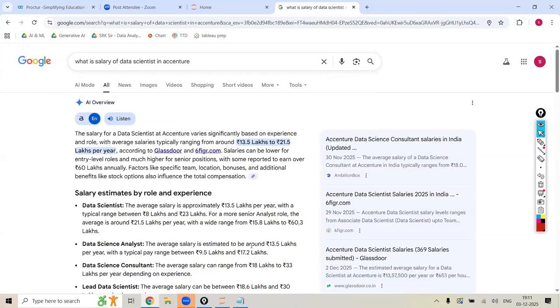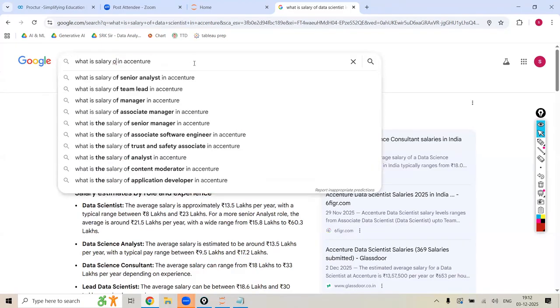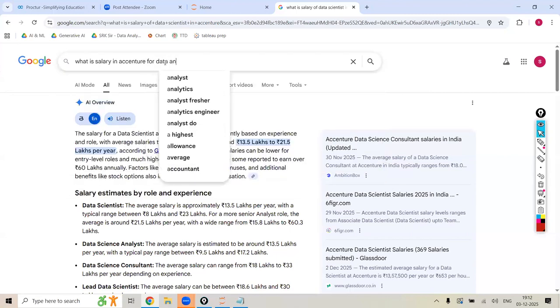Sometimes here you are going to get words like 25 percentile, 50 percentile. Words you are going to see: the median salary. Okay, here I'm going to write what is the salary in Accenture for data analyst.